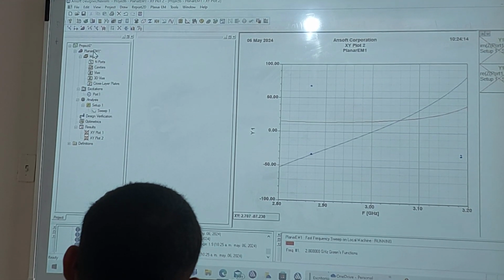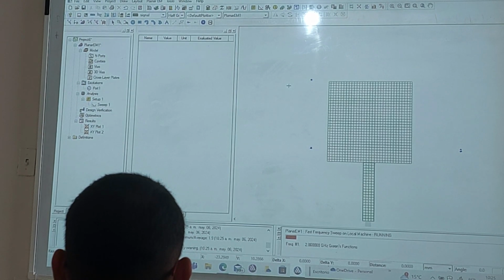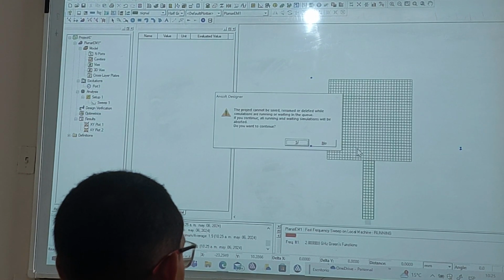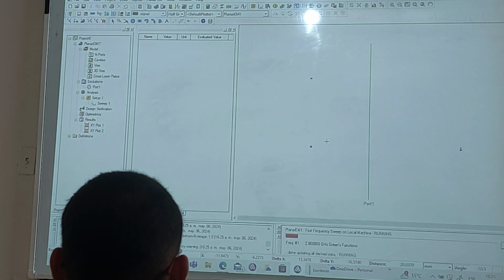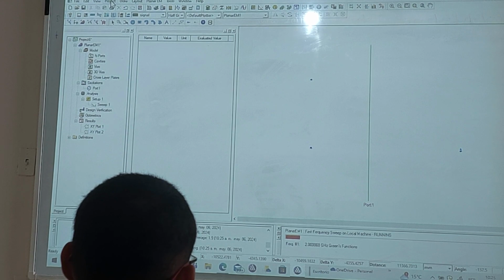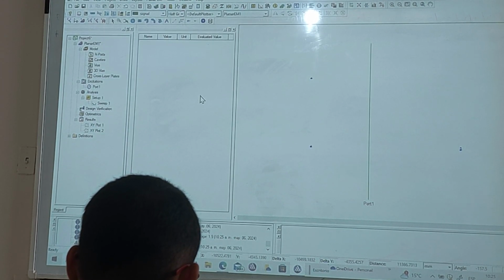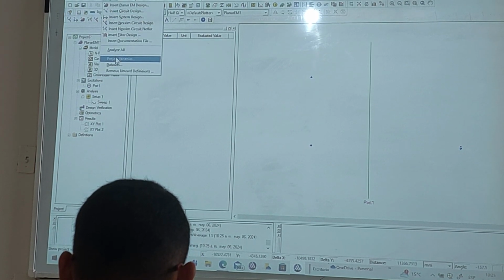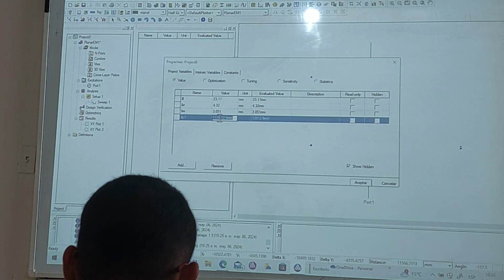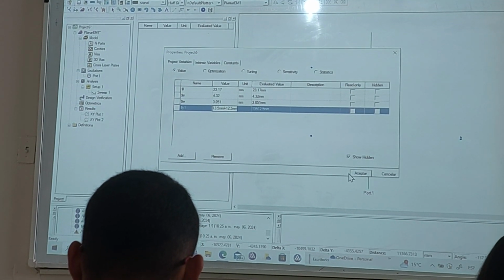Now, our model. Remember that always you need to put millimeters.